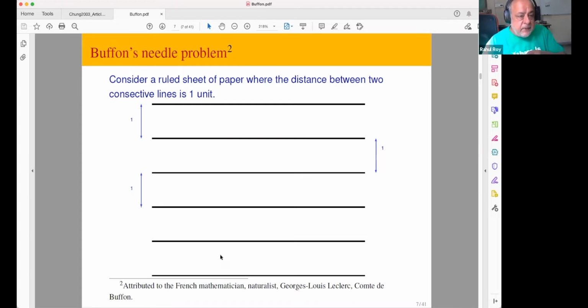And this, by the way, is attributed to the French mathematician, naturalist, botanist, etc., Georges-Louis Leclerc, who was also the Count of Buffon, or Comte de Buffon. Okay. So we have a ruled sheet of paper with these lines marked, which are at a distance 1.